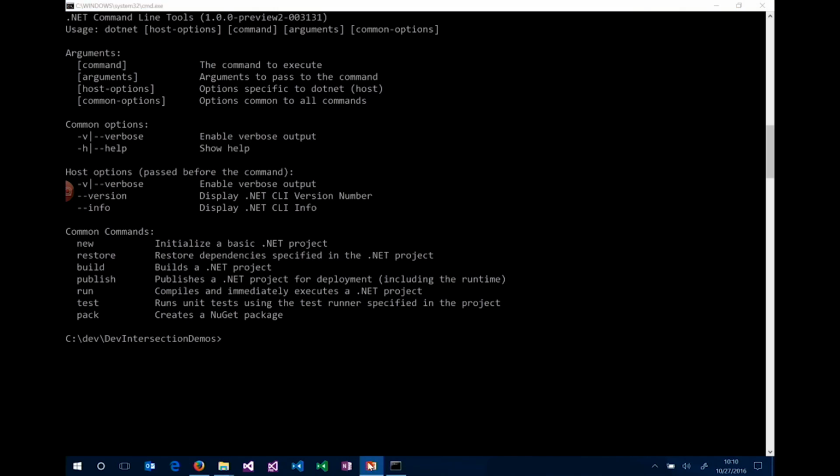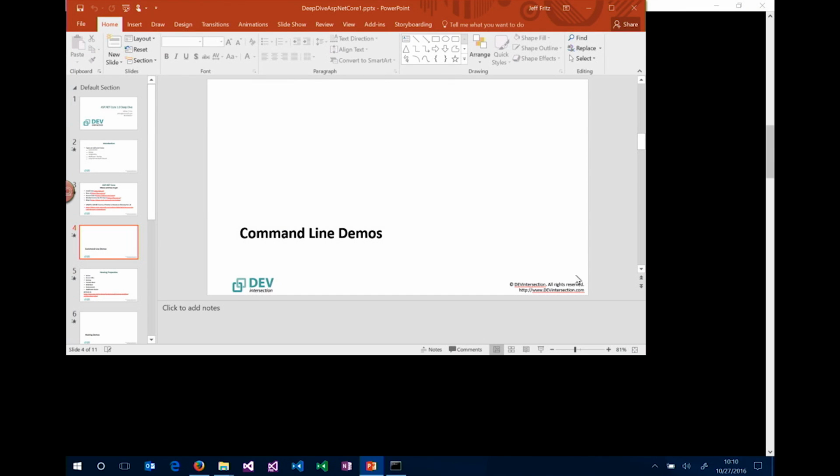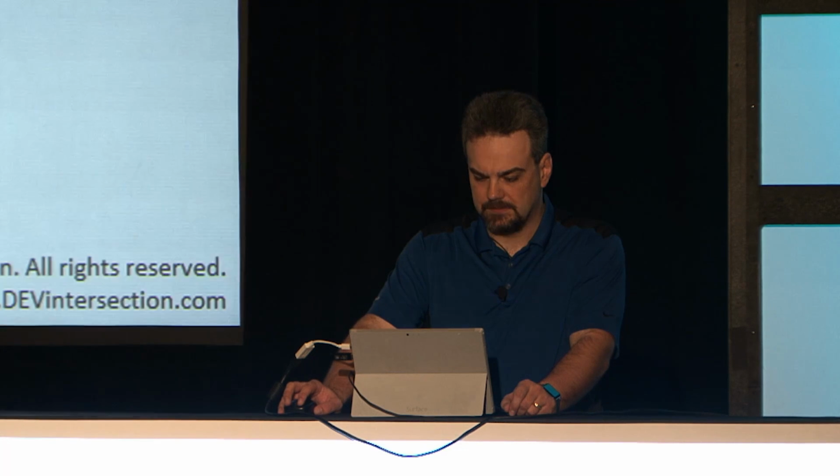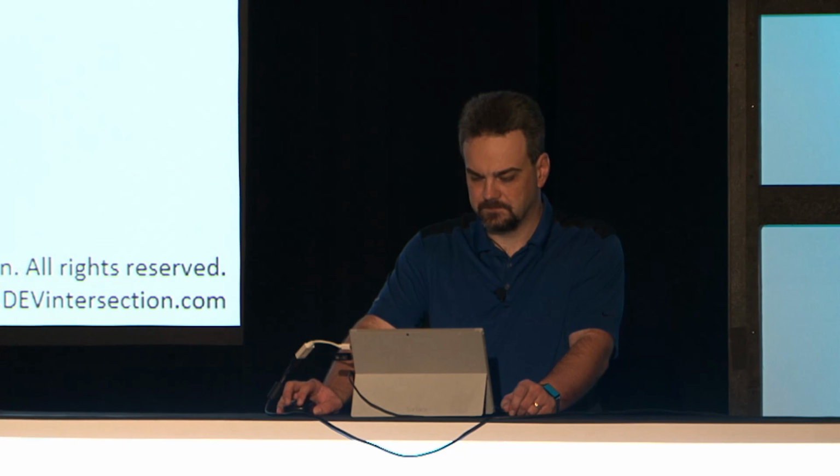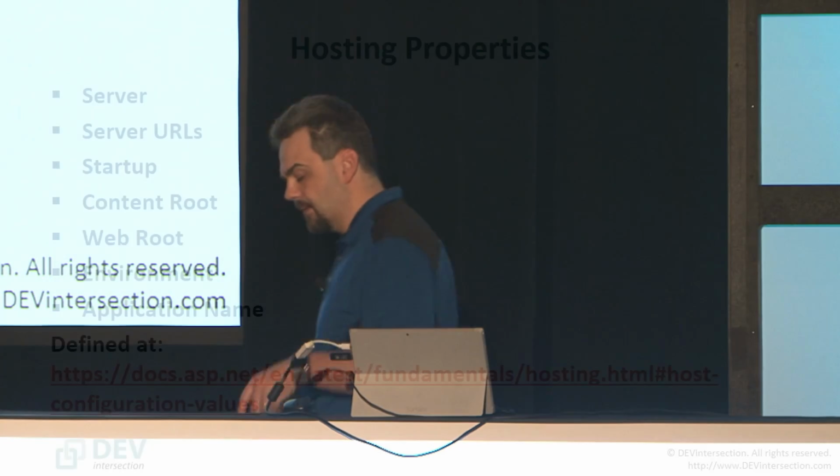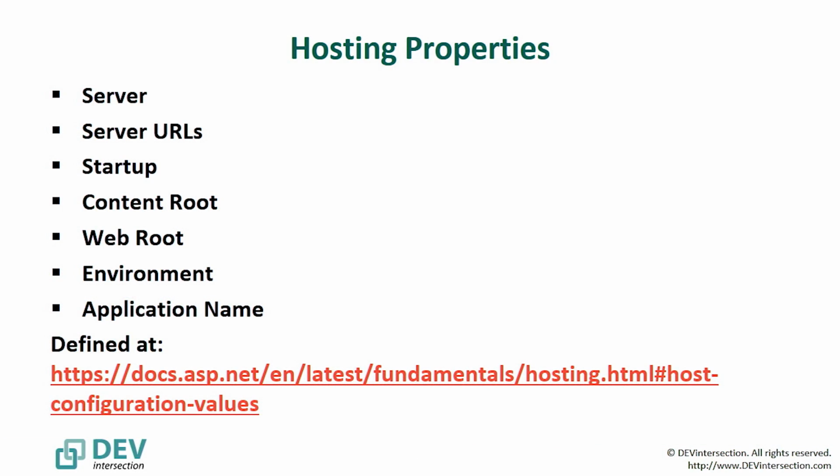Let me go back to the slides, because I want to talk about hosting next. There we go. So when we're hosting our applications, by default, when we start up a new ASP.NET Core 1.0 application, we're going to be hosting with the Kestrel web server, okay?